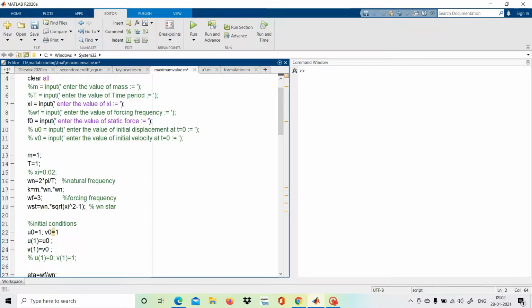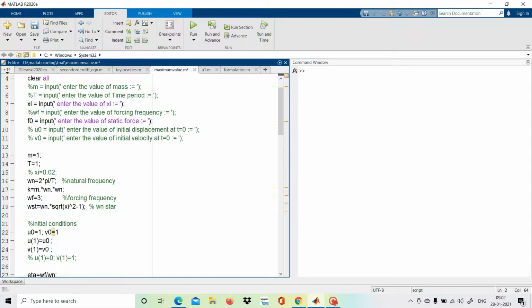We have m u double dot, so there must be a value of m, and we have considered m as 1 here, and the time period equals 1, and natural frequency is just the formula 2 pi by T, so we have omega n. And we know k, the stiffness, is m into omega n square, so we write it in this manner.